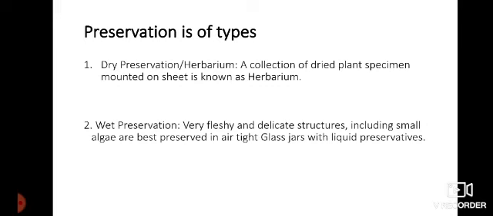Where the collected materials are fleshy or wet, they come under wet preservation. In wet preservation, the material is very fleshy and delicate in structure, including small algae as an example. This can be preserved best in airtight glass jars with liquid preservatives.